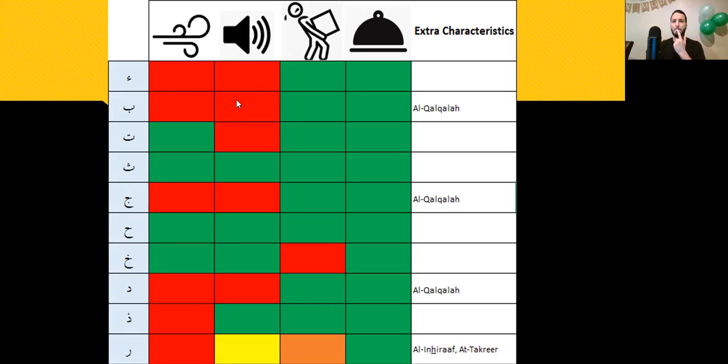You stop ab. The sound for the letter ba stops right there. Versus, let's say, ah, the sound keeps going. So this way you know that the ha, the sound keeps going, whereas the ba, the sound is interrupted.